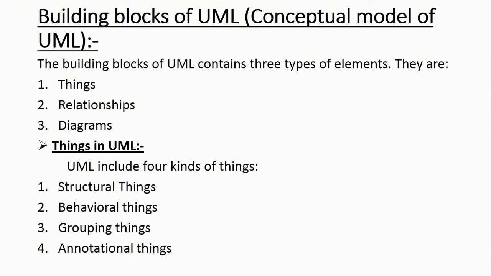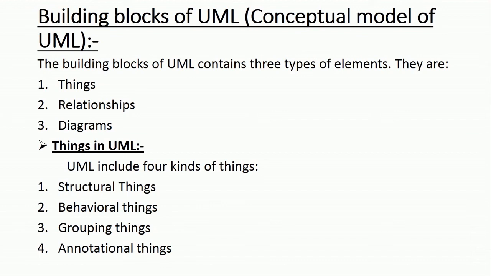Classes are sets of objects which have similar responsibilities. Interfaces are sets of operations which specify a set of classes. Collaborations define connections between elements. Use case describes a set of actions performed in a system.